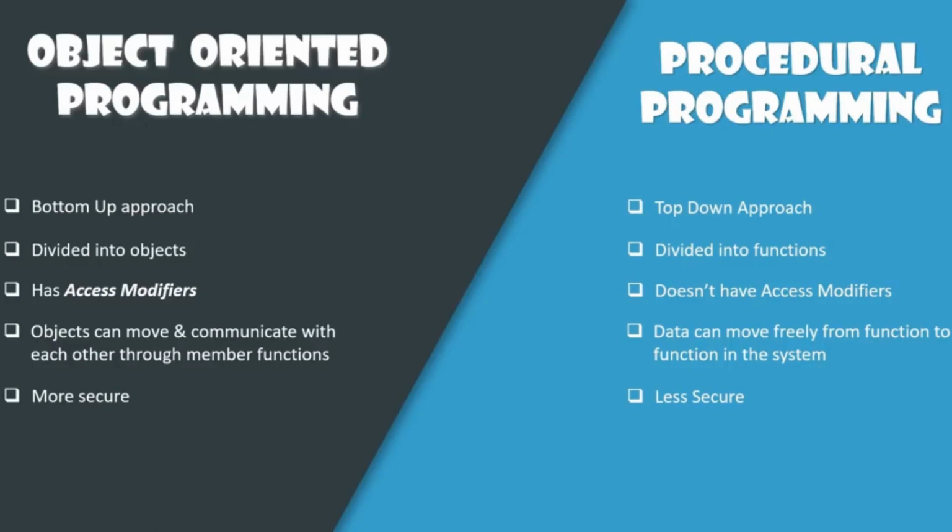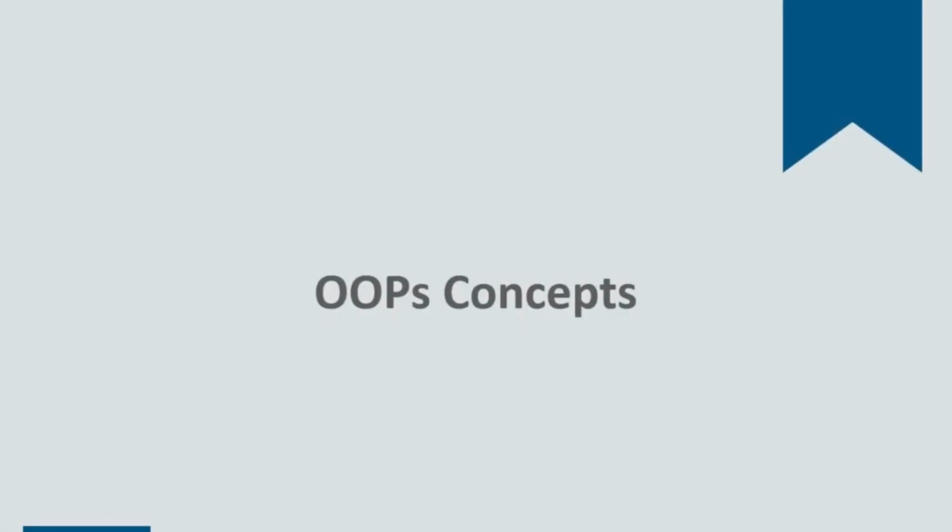On the other hand, in POP, the data moves freely without any security, which leads to our next point, that OOPs is more secure than procedure-oriented programming, and OOPs provide us with many more features like overloading and inheritance, which is a main part of OOPs concept, which we will study now.